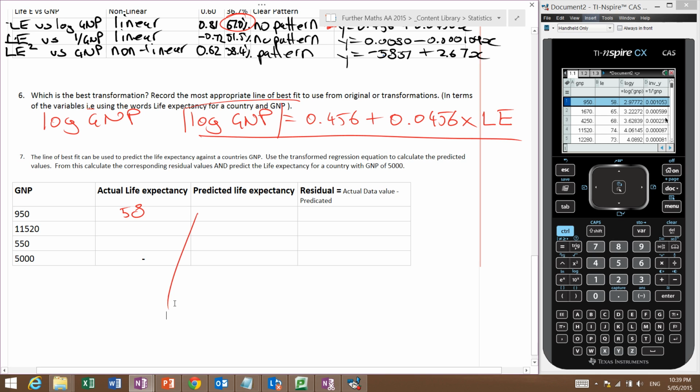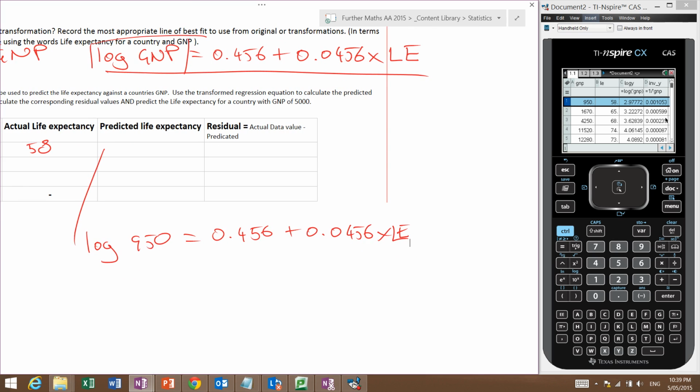For predicted life expectancy, what we're going to do is our GNP is 950, so we're going to type log 950 equals 0.456 plus 0.0456 times LE. Okay. And again, you can do this on the calculator, and you can do it as a solve function.